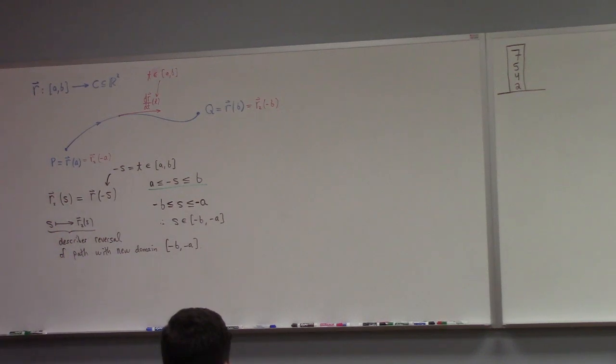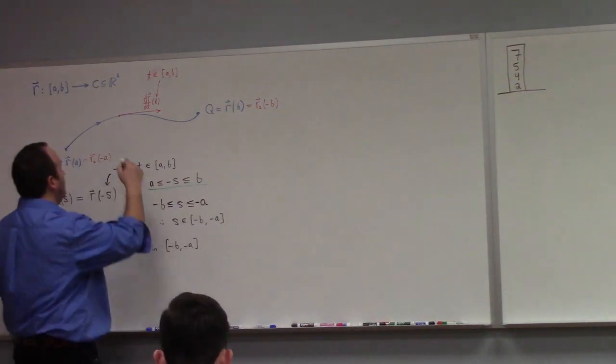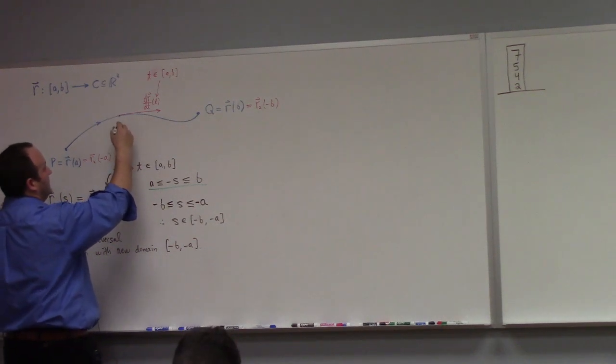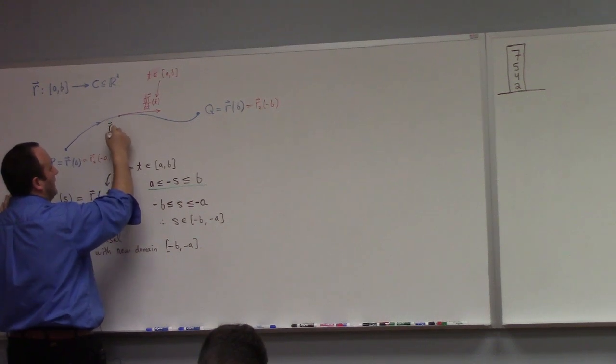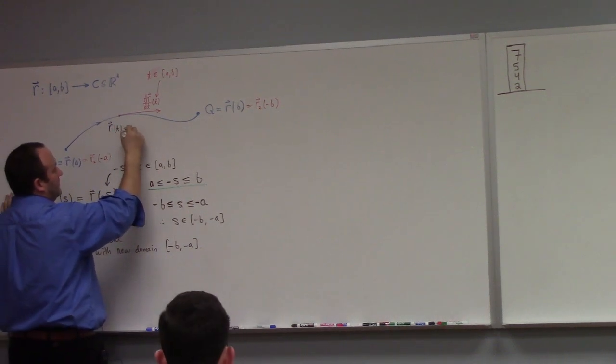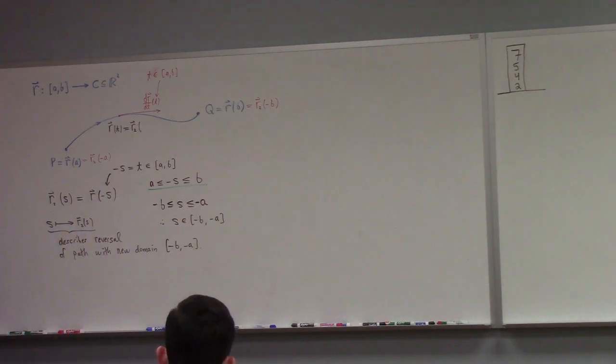And how about the midpoint? If I look at this t, let me use yet another color here. This point right here is r of t, and that would be equal to r2 of negative t.